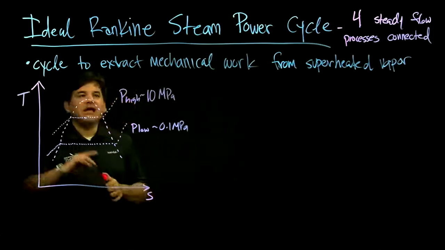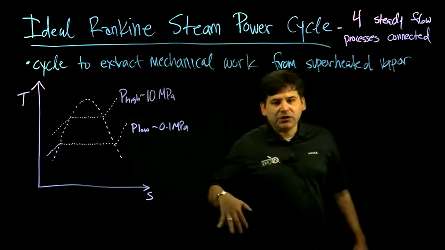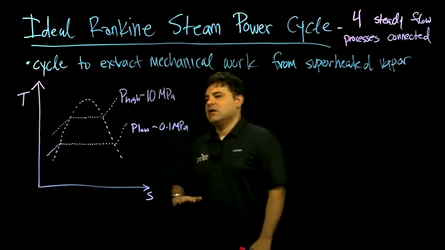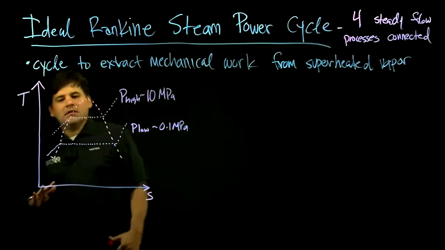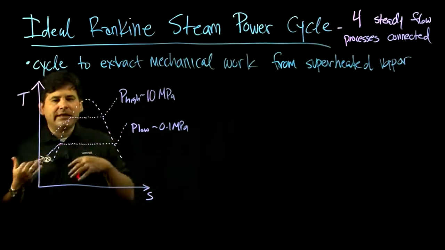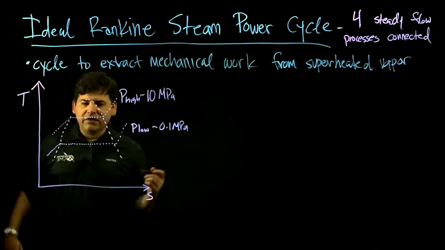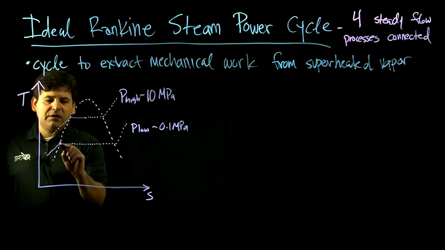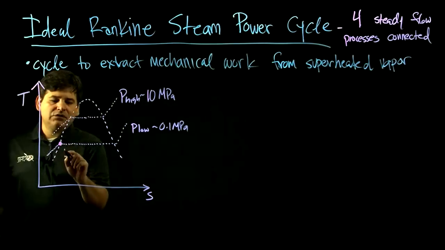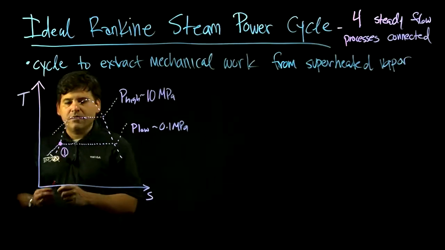So in the simplest case, you have four different steady flow processes connected to each other. Each one focuses on a different process where it's either work in, work out, heat in, heat out. Let's start here. Typically, the ideal one starts as you have liquid water.